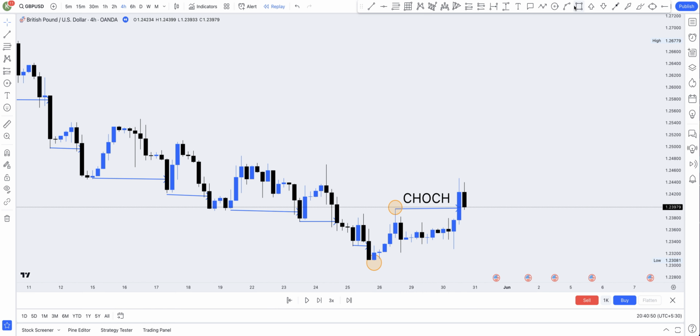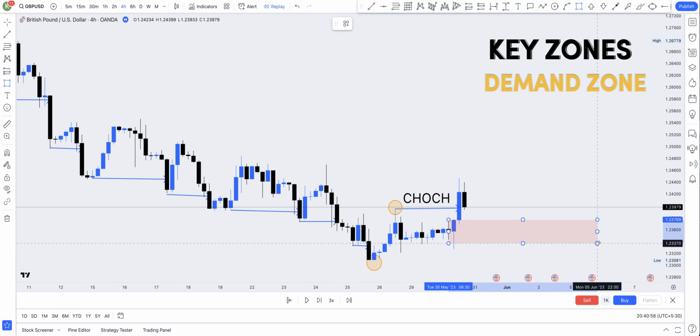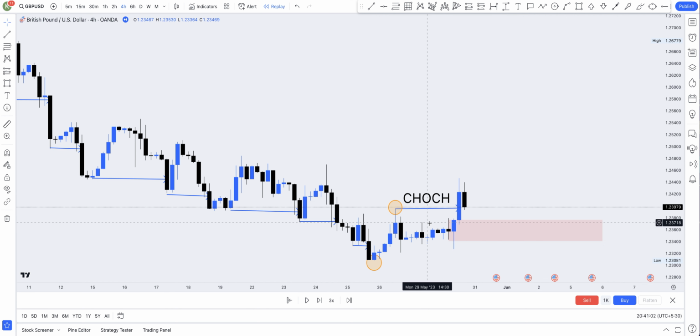So what are we going to do now? We are going to look for our key zones, and one of the key zones we have here is what? Our demand zone. This point. So this is our demand zone, which retail traders will call the pullback or the exhaustion. So we'll be waiting for price to pull back into this zone, then we can continue buying. Now why am I taking this as a demand?